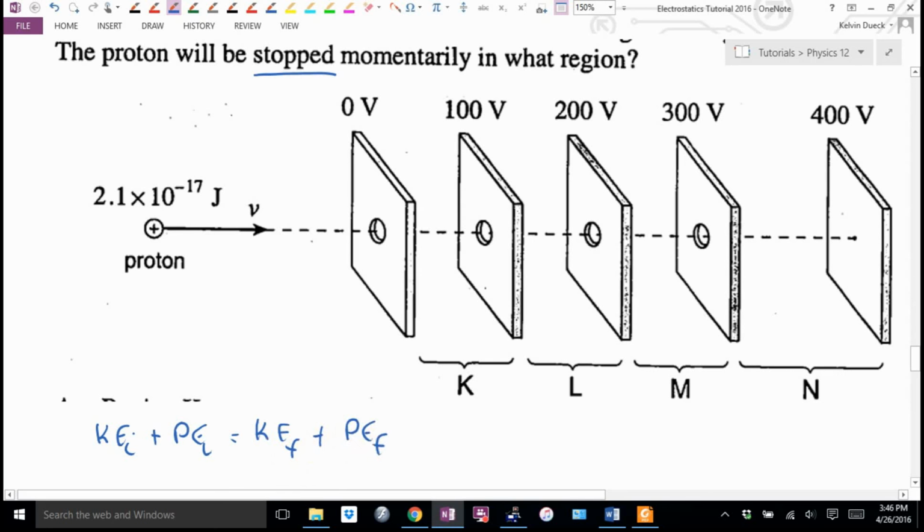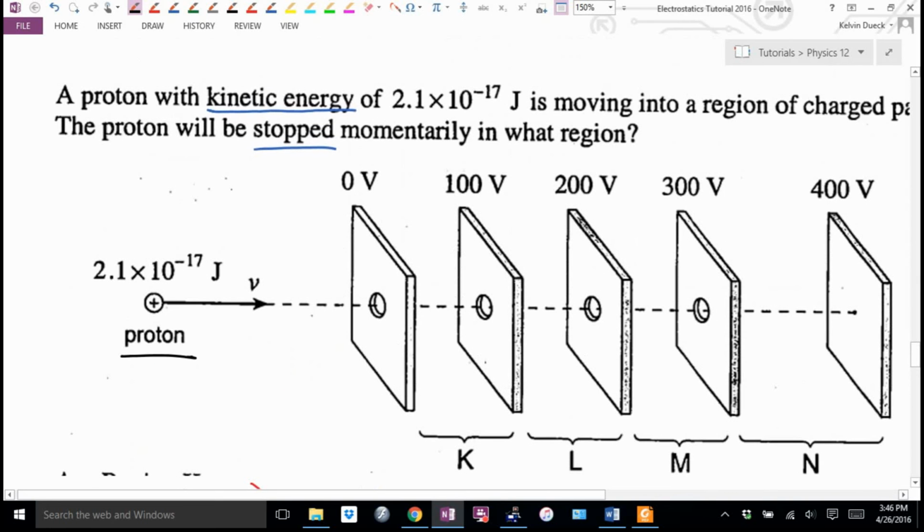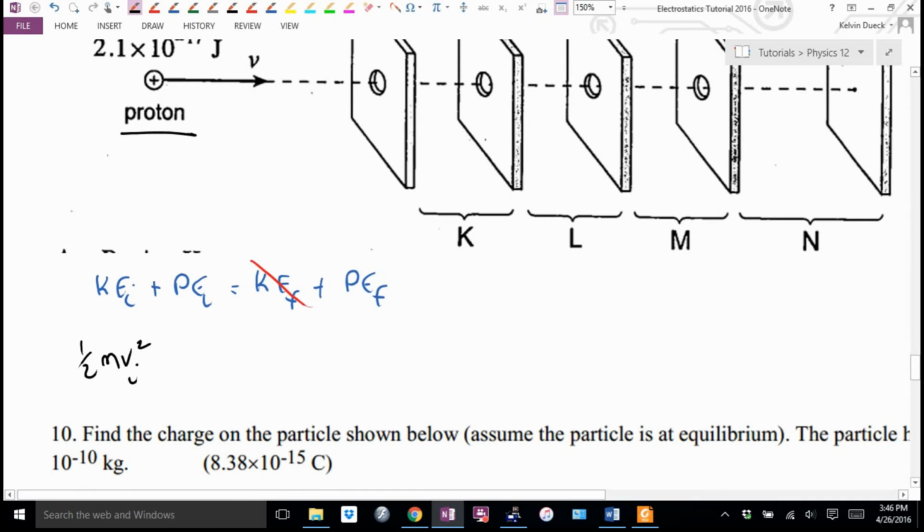Are any of these 0? Stopped. KE is going to be a half mv initial squared. Which m? It's a proton. Hey, Kyle, what's potential energy between plates? Which Q?